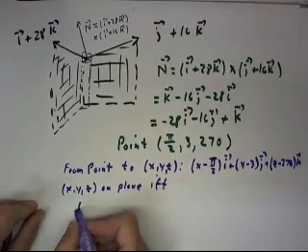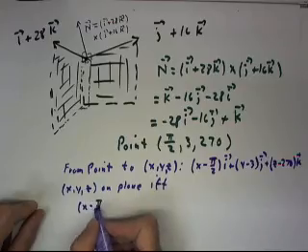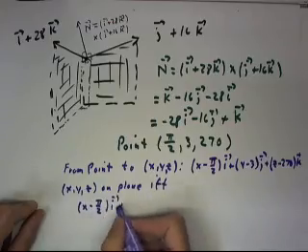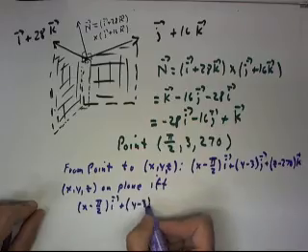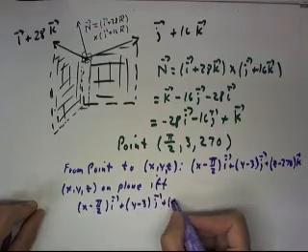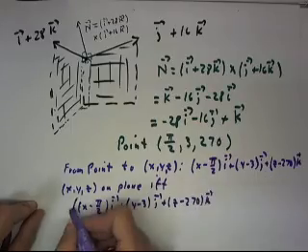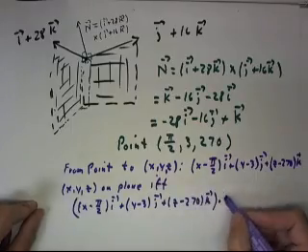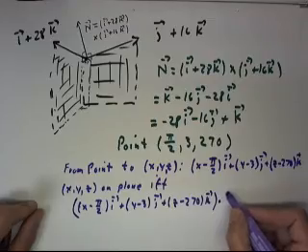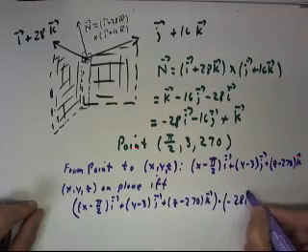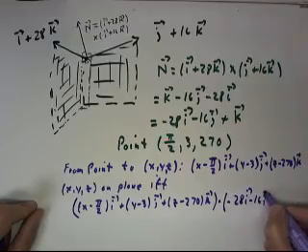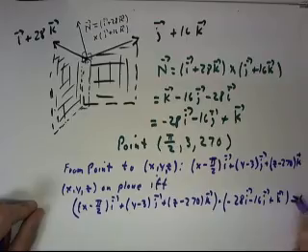So the condition is x minus pi over 2 i plus y minus 3 j plus z minus 270 k dotted with negative 28i minus 16j plus k equals 0, and that's off the edge of the paper.